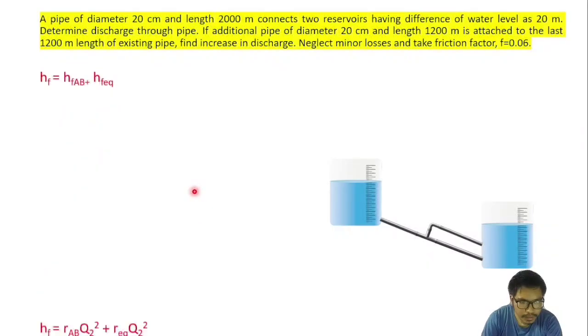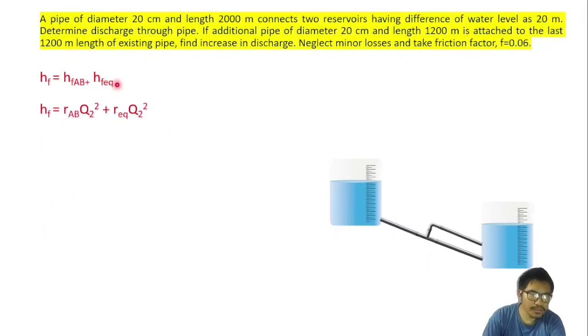So the head loss from here to here is head loss AB plus head loss of the equivalent of these two parallel pipes.